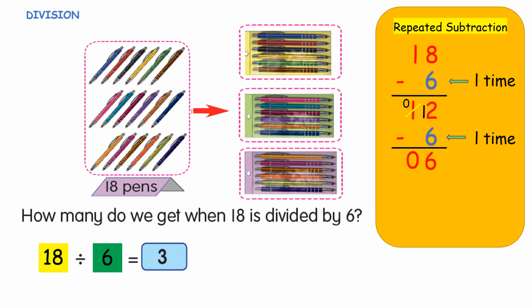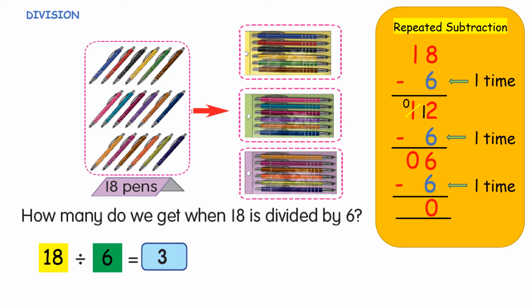Still there are 6 pence left, so subtract another 6, another 1 times 6. Now 6 minus 6 is 0. You can write down another 0, or if you want to leave it just like that, it's okay.